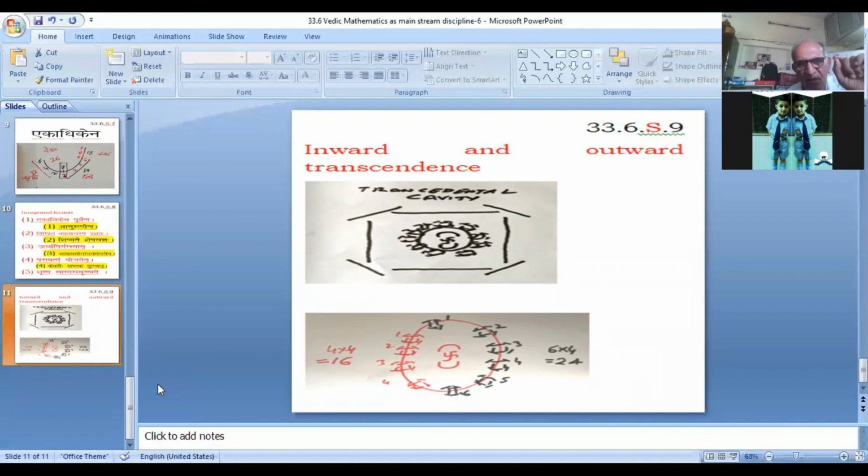And this simultaneous inward and outward transcendence happens because of the transcendental cavity at the origin seat of the creator's space.